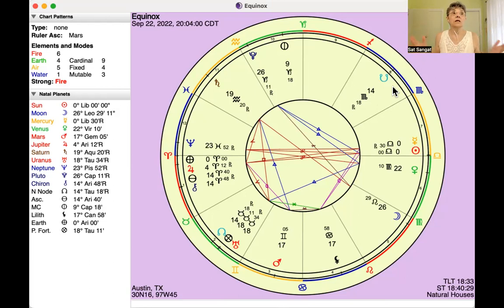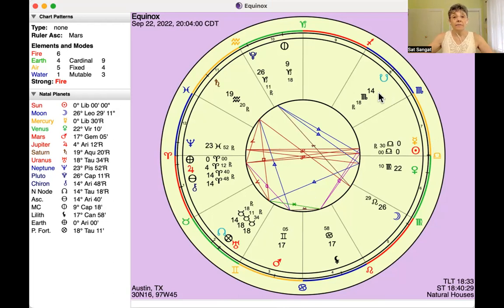If it is your third house, for example, you need to stop fighting with your siblings or your neighbors, right? If it is your fifth house, then there is something in the attitude you have towards your children, for example, or your creativity, that you need to leave behind in order to flourish, in order to have a good relationship with your children, or in order to be more creative, and so on.